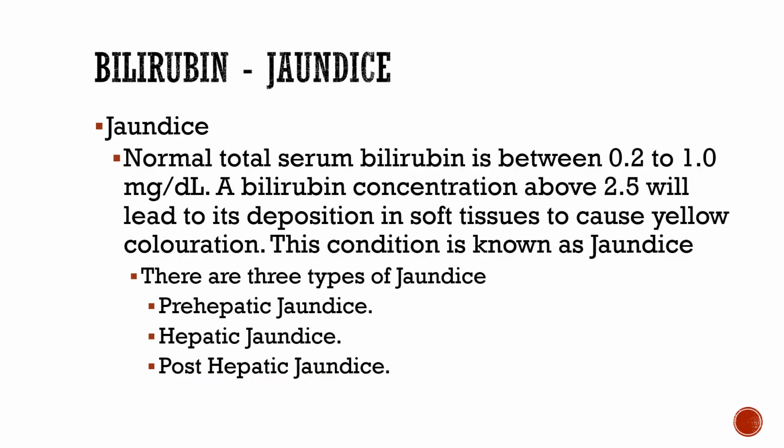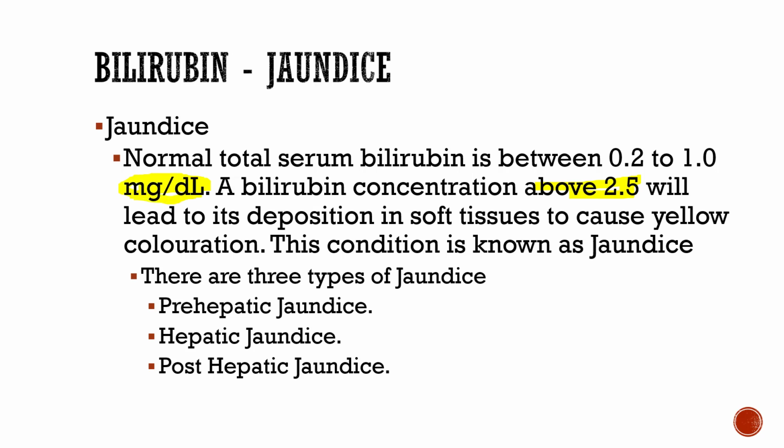What is jaundice? One of the major clinical conditions that you will come across under bilirubin metabolism is jaundice. Jaundice is a condition where the serum bilirubin is above 2.5 milligram per deciliter. Milligram per deciliter is the unit used for bilirubin.